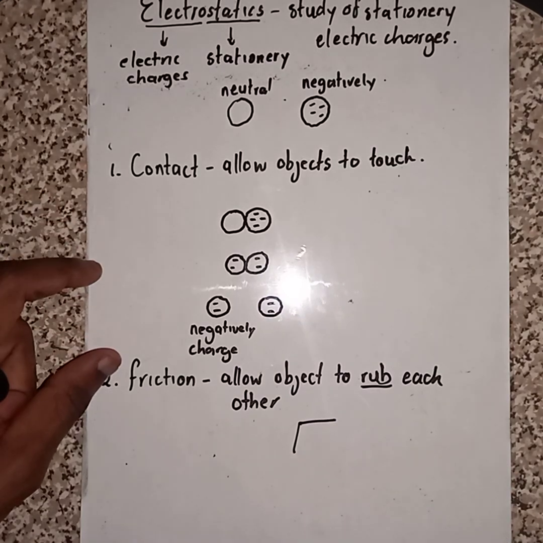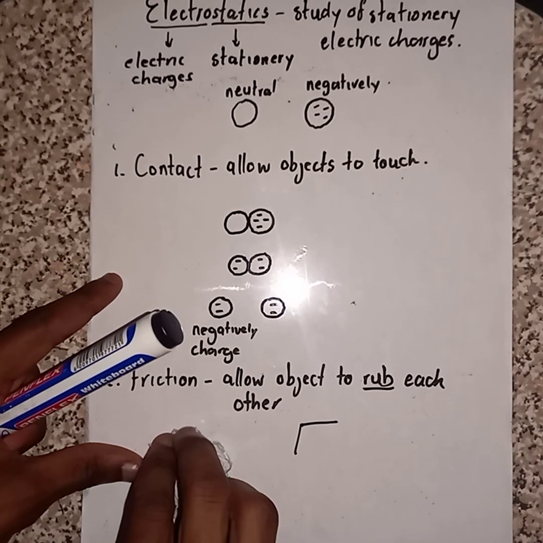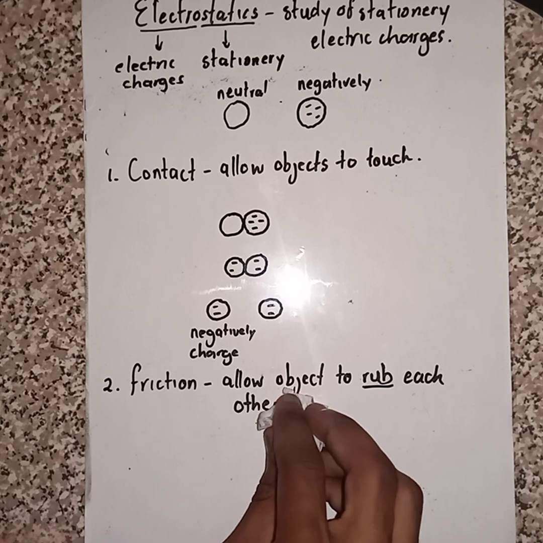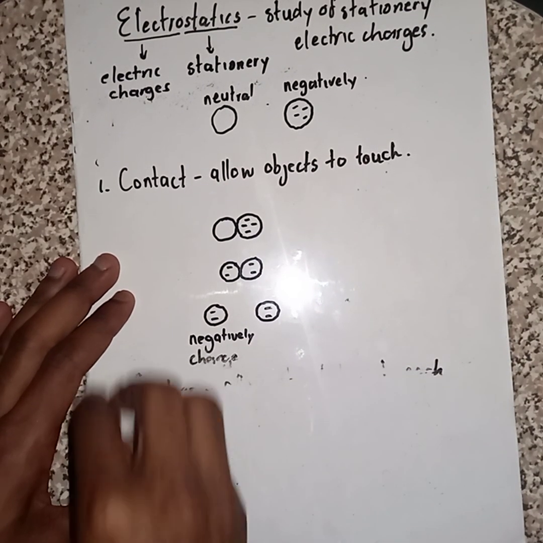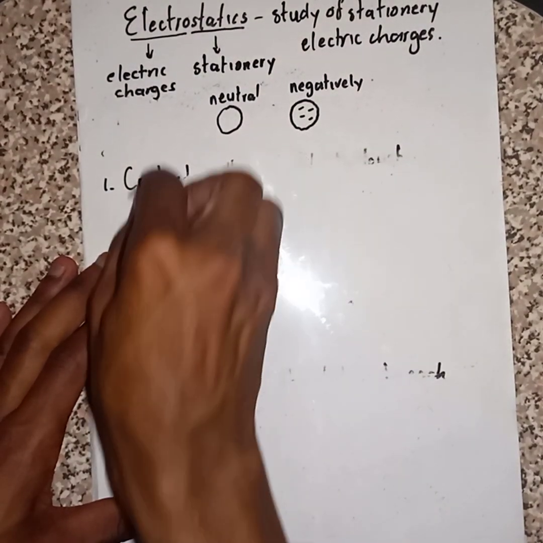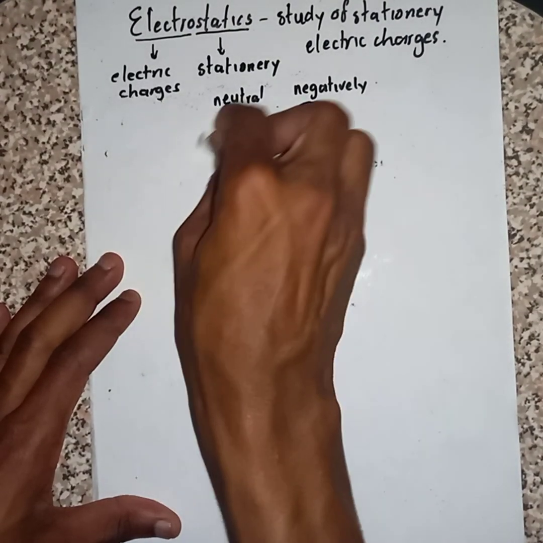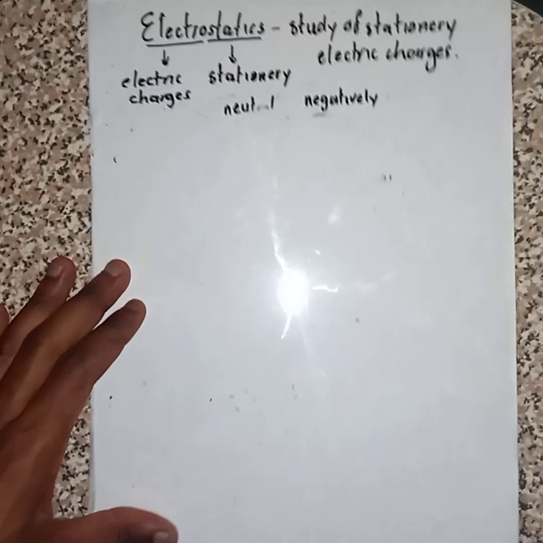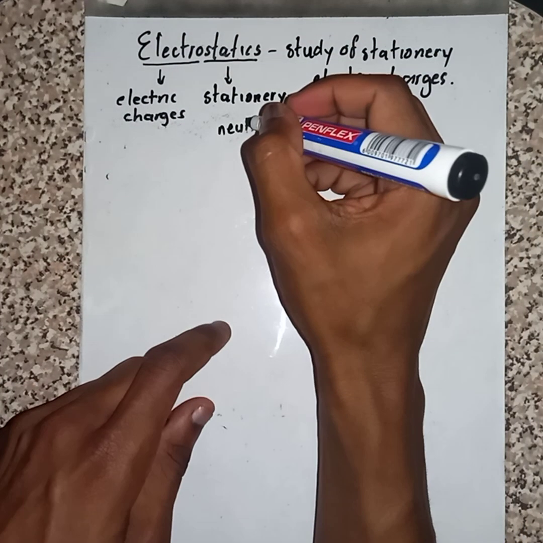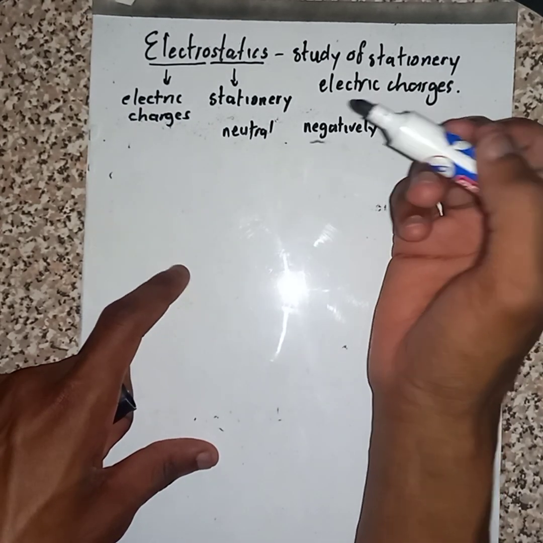I don't have a space. What I'm going to do is let me erase so that I can have enough space. Say this one is neutral.